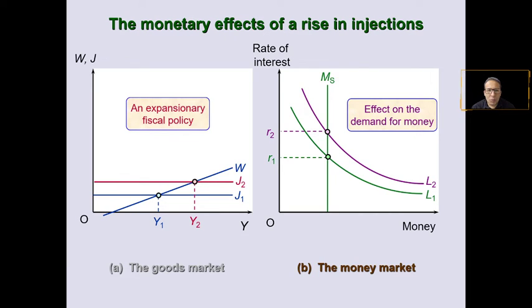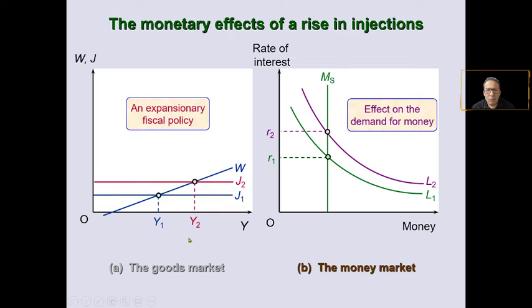After this expansionary policy, let's say that J is increased due to an increment in the fiscal policy on government expenditure. So we have this increment in national income.